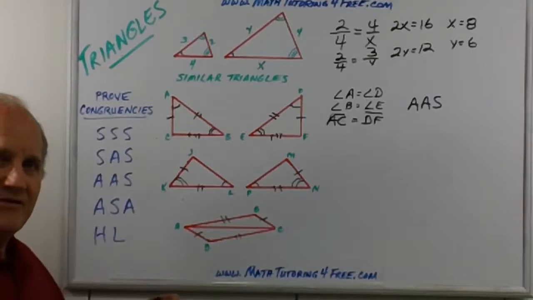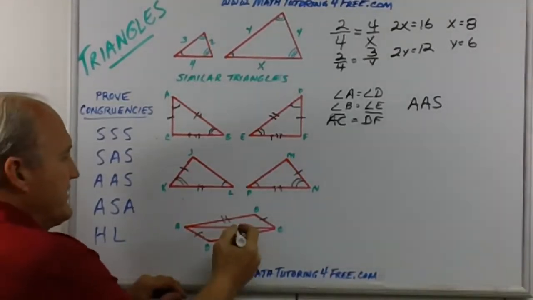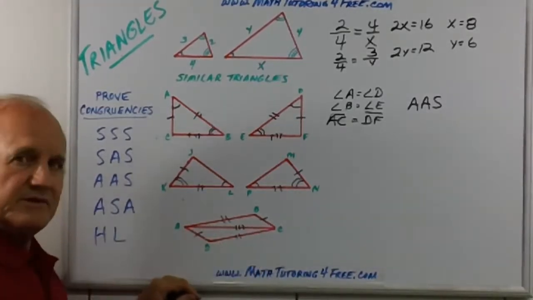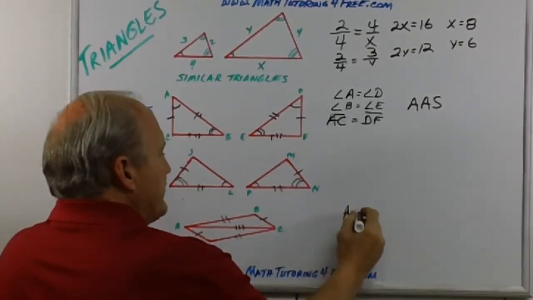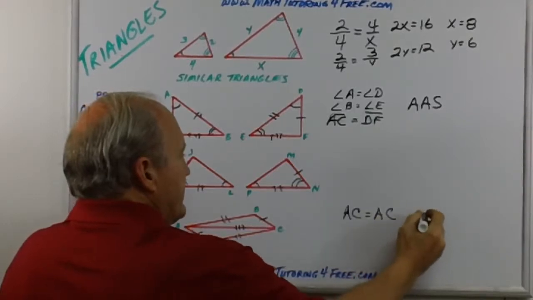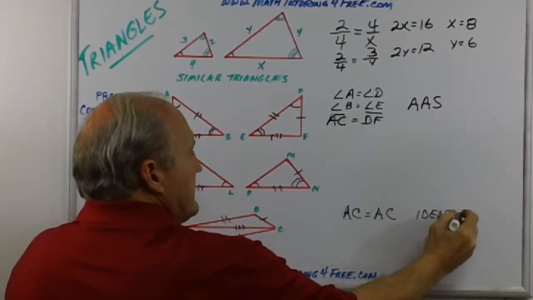The obvious answer doesn't always jump out at you, but in this case, this side AC is in both triangles, and that's called an identity. So what you would do is say AC is equal to AC, and the reason for it is identity, which says it's the same thing, isn't it?